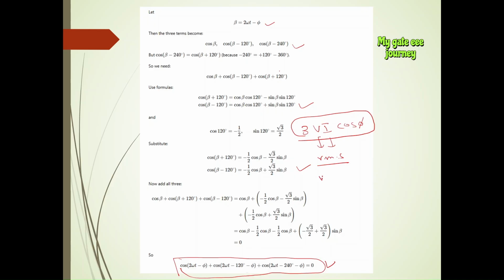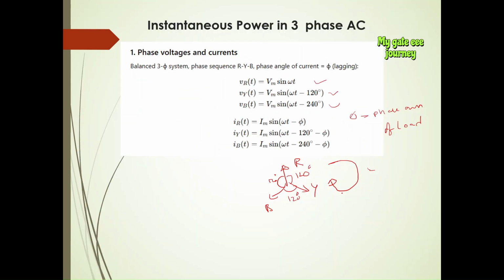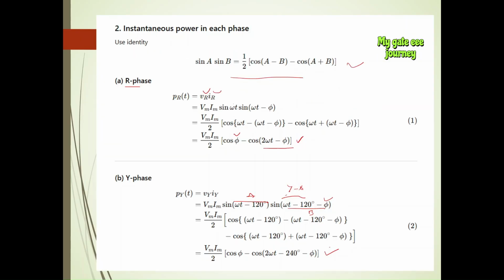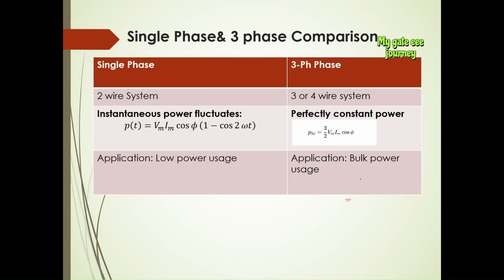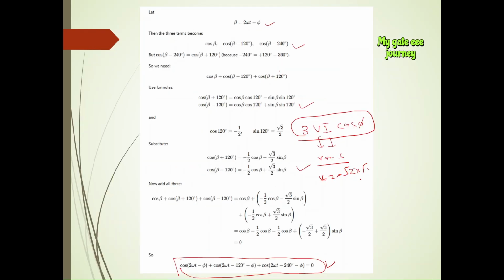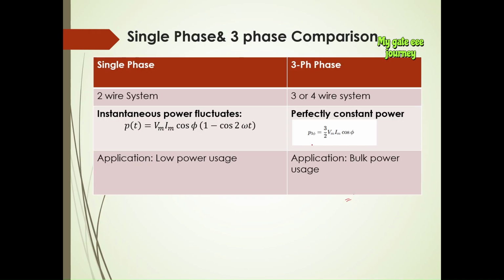Why? Because I have split 2 into 2 as root 2 into root 2, and so Vm by root 2 becomes Vrms, Im by root 2 becomes Irms.